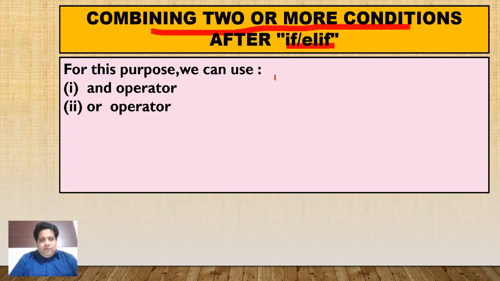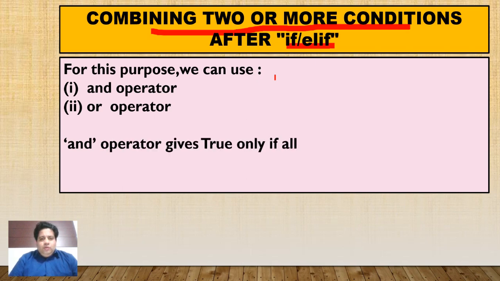AND operator gives true only if all the conditions are true. Keep this in mind. If any one condition is false, it will not execute the statement. So AND operator gives true only if all the conditions are true.